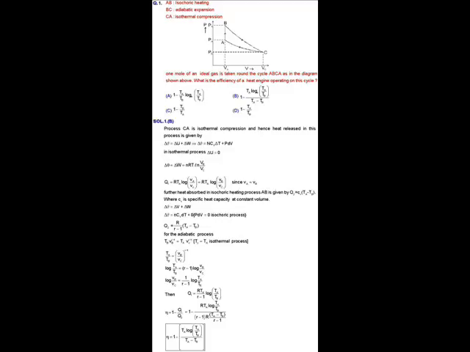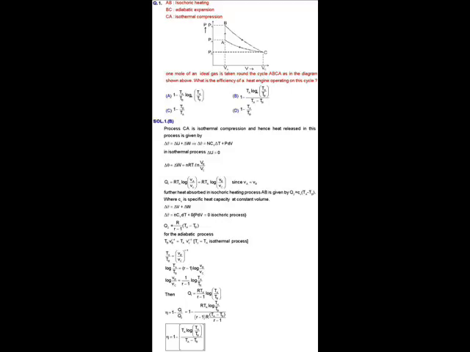For the adiabatic process BC, we know by the adiabatic equation that TV^(gamma minus 1) equals constant. So at points B and C, TB VB^(gamma minus 1) equals TA VC^(gamma minus 1), because TA equals TC. So TA upon TB equals (VB upon VC) to the power gamma minus 1.